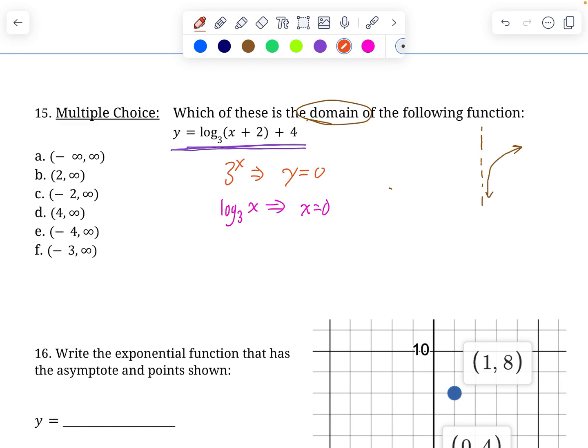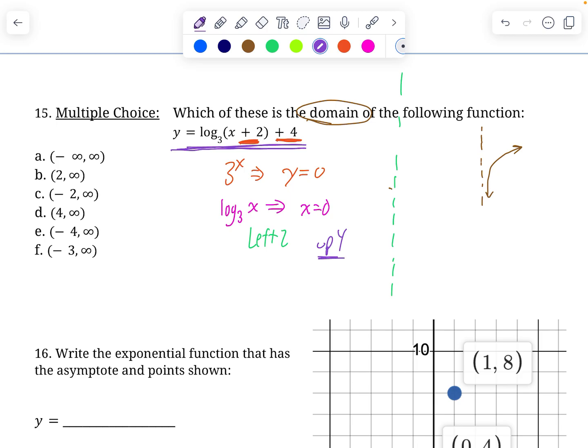There are transformations. You need to know what the +2 and the +4 do. That +2 is on the inside, so it moves it left 2. That +4 is on the outside, so it moves it up 4. When you're thinking about a vertical asymptote, a vertical line, it's infinitely long. When you move it up and down 4, that doesn't do anything.